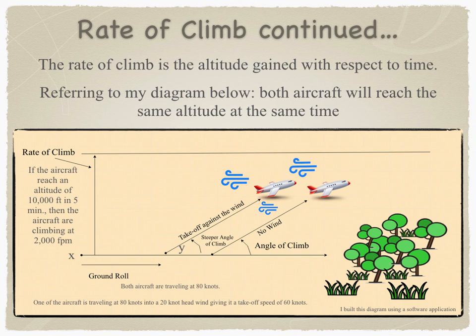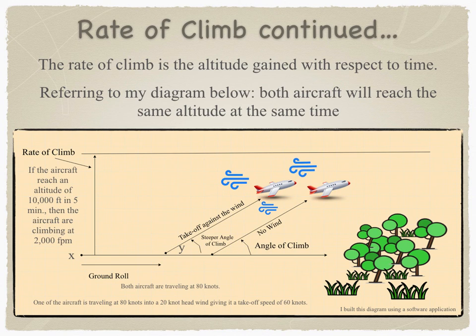But with a 20-knot wind, the airplane going into that is being pushed back, so you'd have to subtract the 20 knots off of the 80, so it takes off as if it's at 60 knots. So you can see here that the angle of climb is much steeper with the one traveling into the wind. And like I said earlier, that's useful when you're trying to avoid obstacles such as trees.